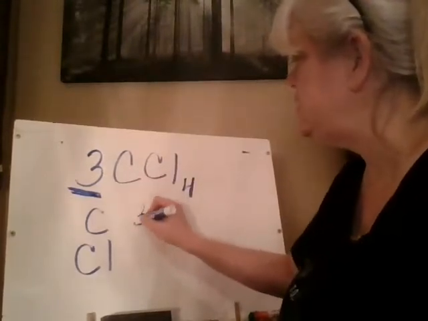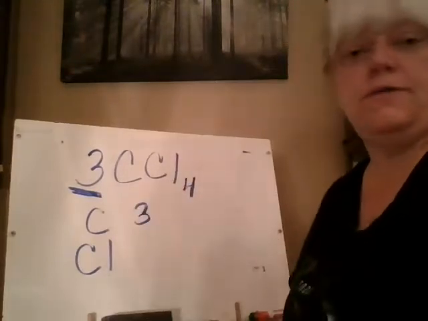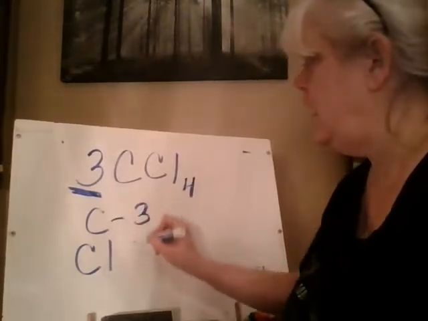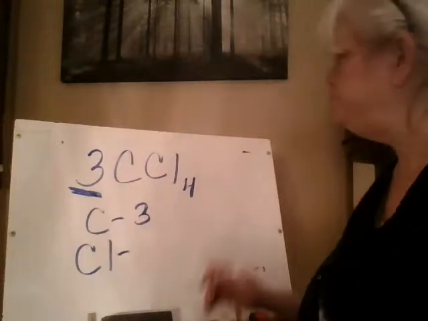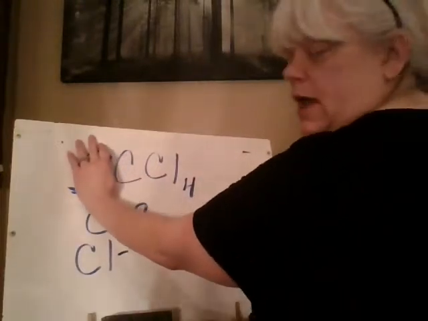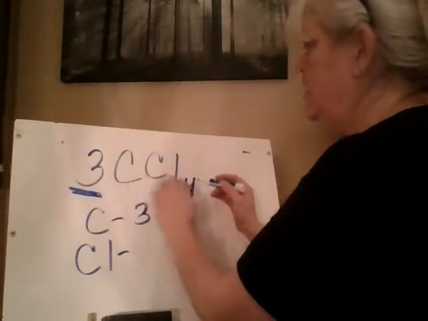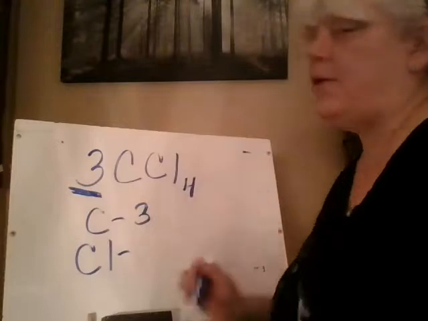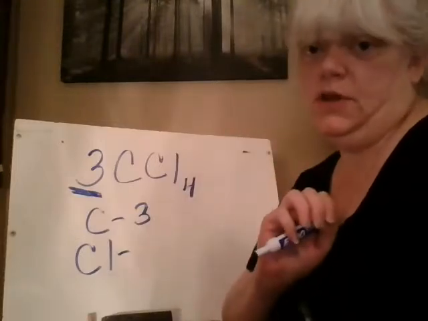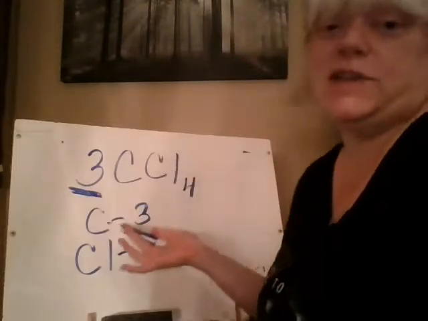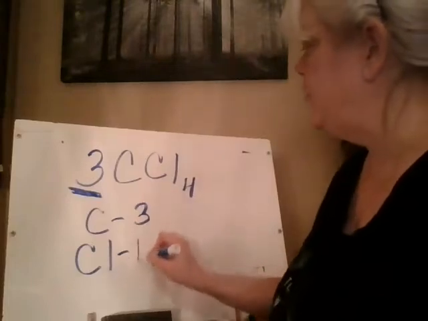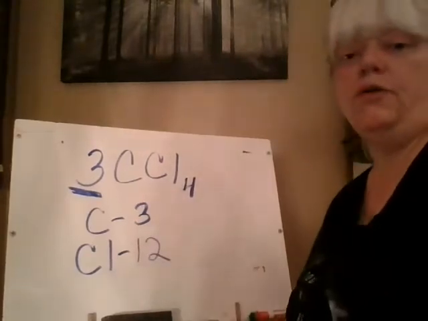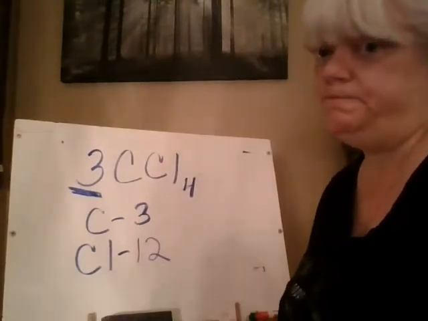So C actually in this case would have 3. And then the chlorine, normally in just that formula, has 4 of them. But again, the coefficient is going to make us do Cl4 3 times. So basically 4 times 3. So we're going to end up with a total of 12 chlorines because of that.